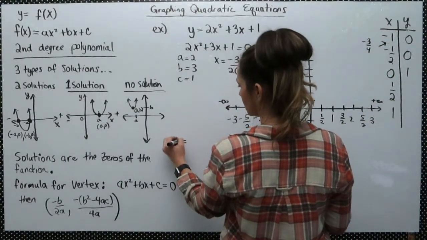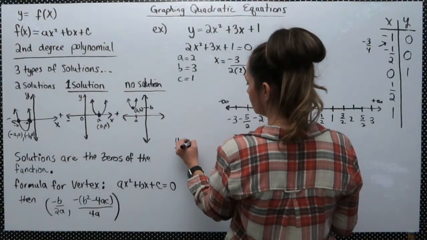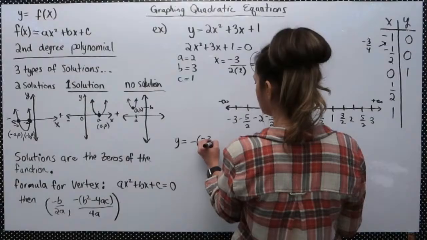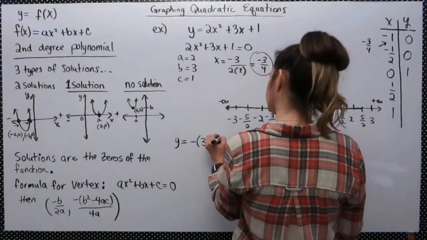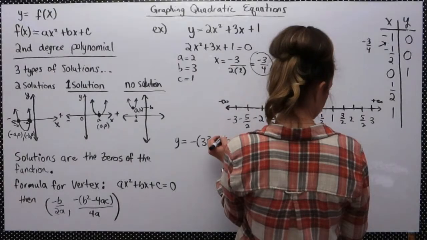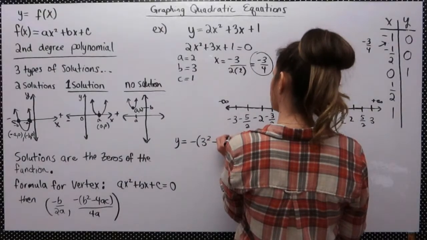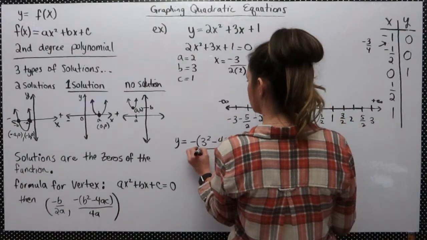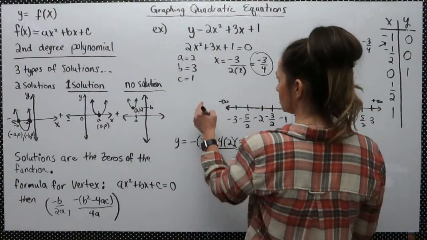So y is going to equal negative b squared. So negative 3 squared minus 4 times 2 times 3. And that is going to be over, hang on.